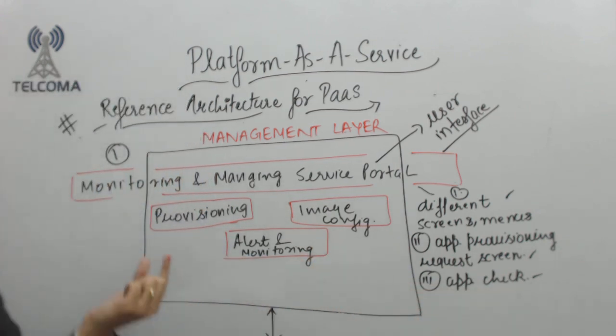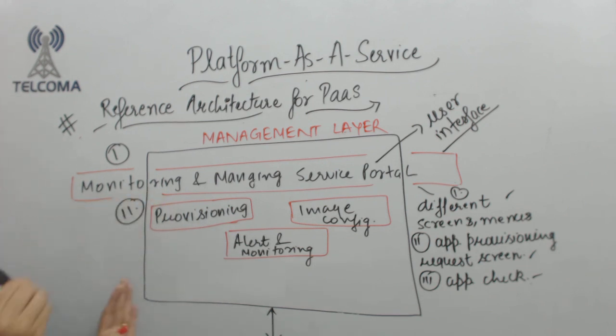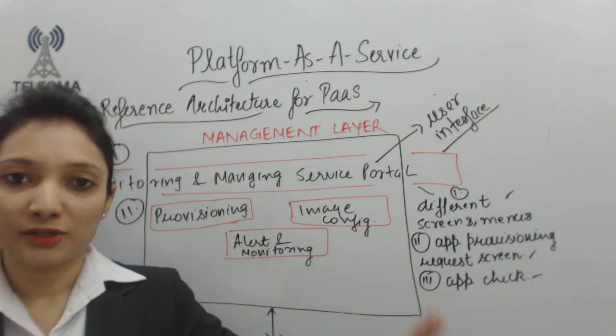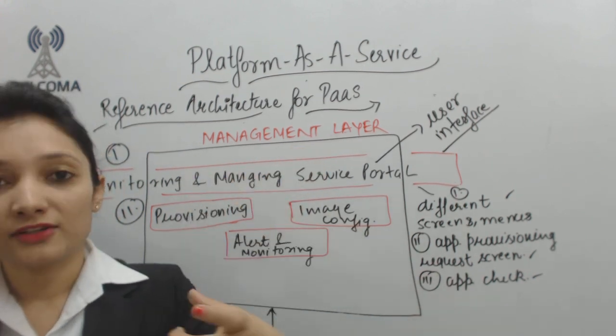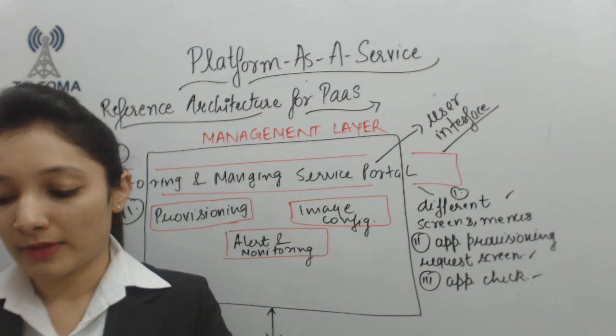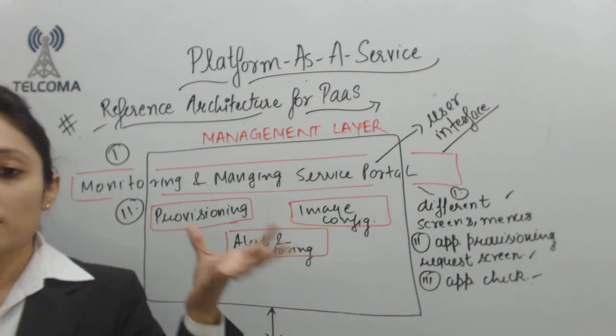Now after that, the second component is the provisioning. As this complete layer provides monitoring and management capabilities to platform as a service, the management layer is responsible for providing this monitoring and managing capability to the complete platform as a service. Now we have the second component, which is the provisioning. What happens here?